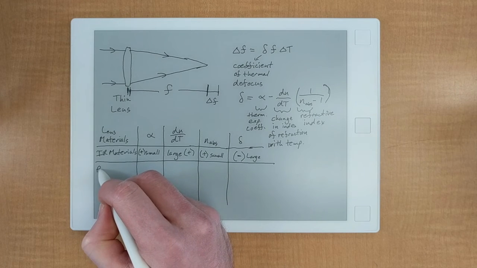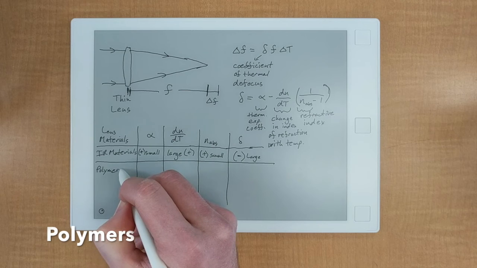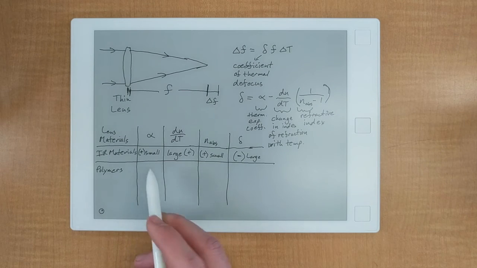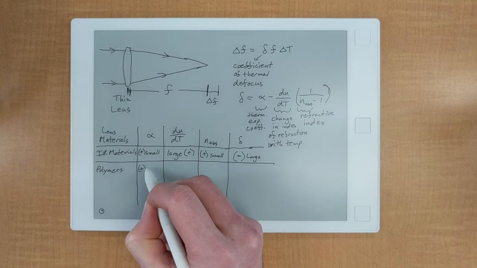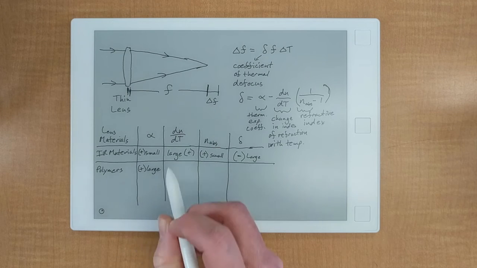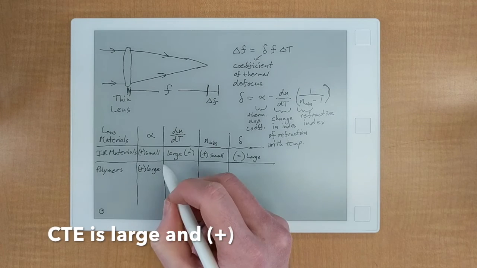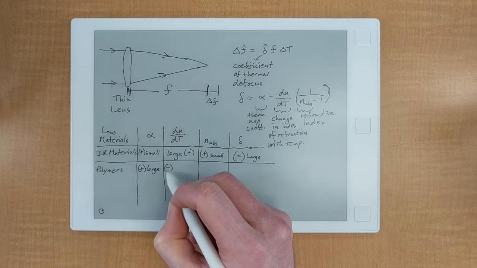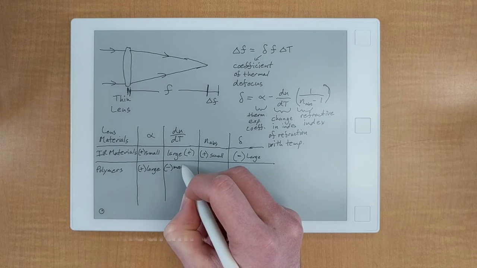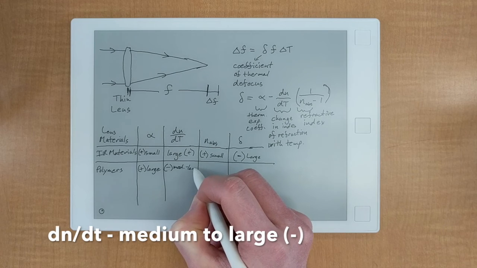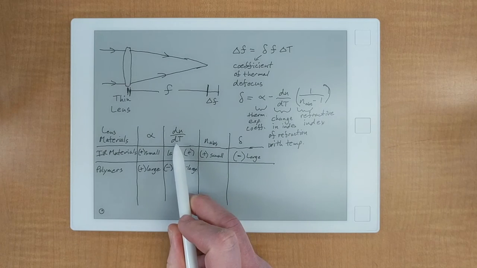If you compare that to polymers, you'll have a very large and positive coefficient of thermal expansion, and then you'll have a fairly medium to large negative dN dT.